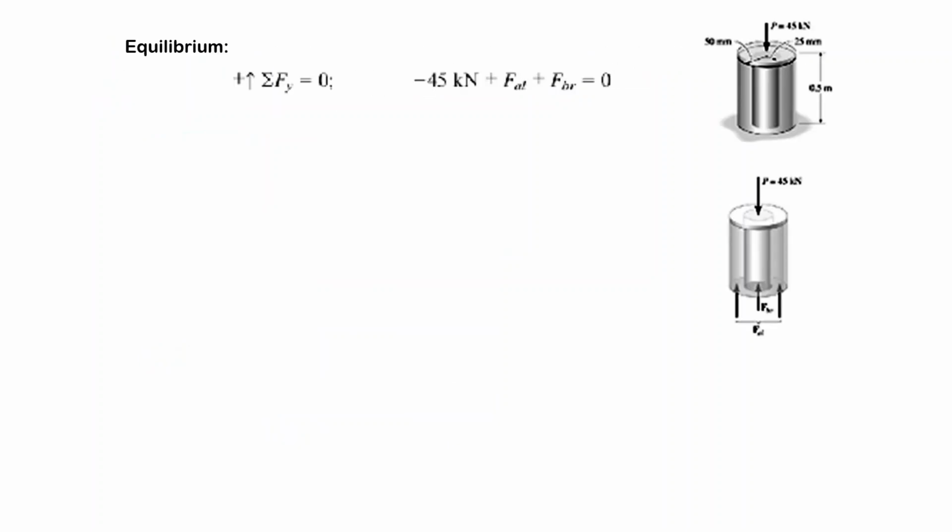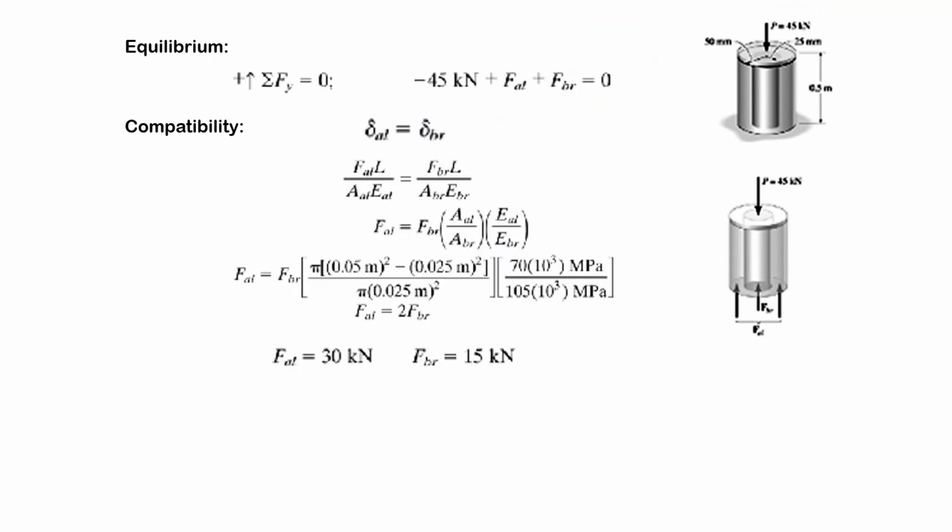Very easy. You apply 45 kilonewton, and that 45 is taken over by the aluminum pipe and the bronze rod, and that is my equilibrium. But one equation and two unknowns. Compatibility.